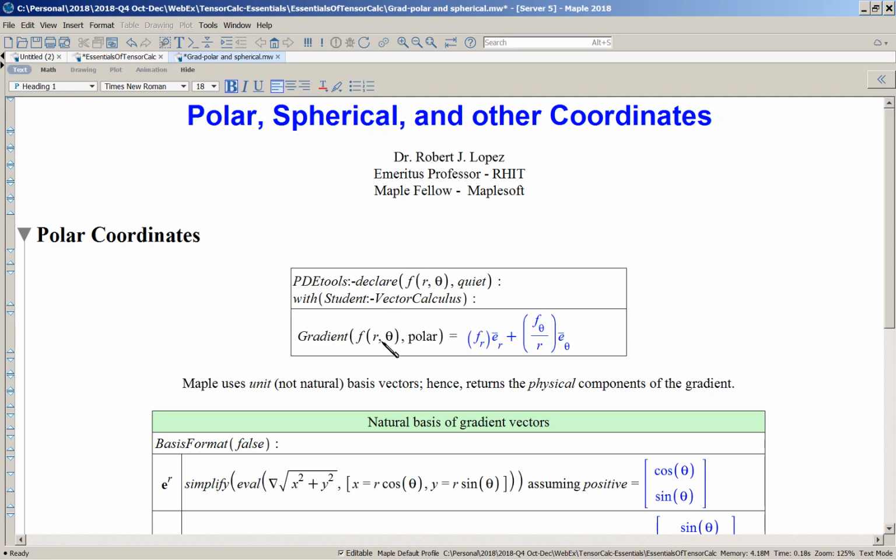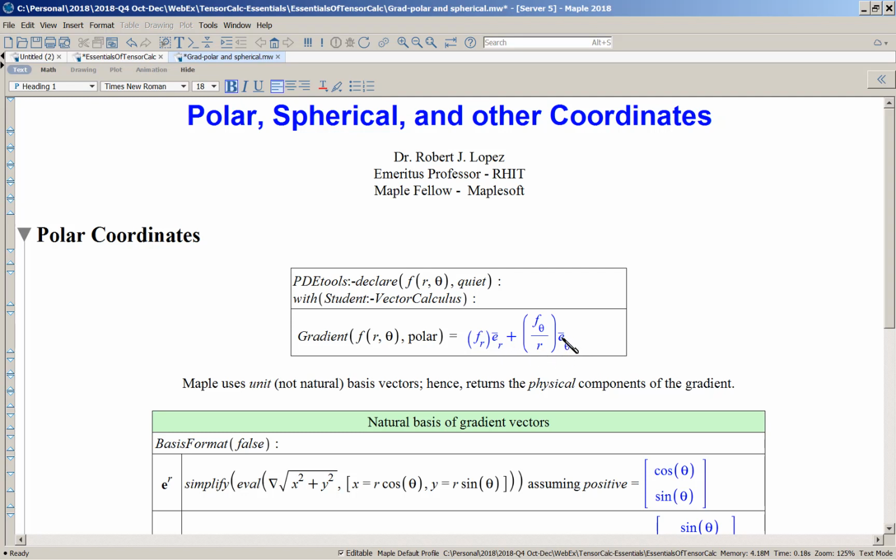I'm going to apply it to a function of r and theta. And I'm going to tell Maple we're working in polar coordinates. And here is what the gradient looks like in polar coordinates. You have an r derivative and a basis vector and a theta derivative divided by r and a theta basis vector.